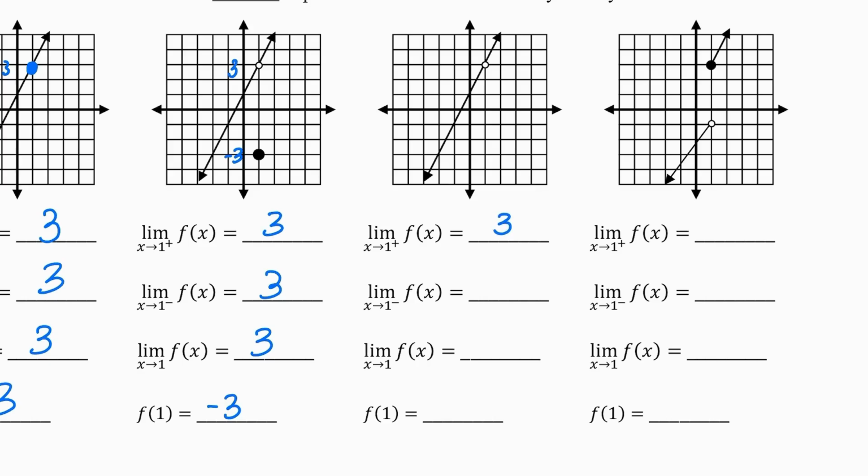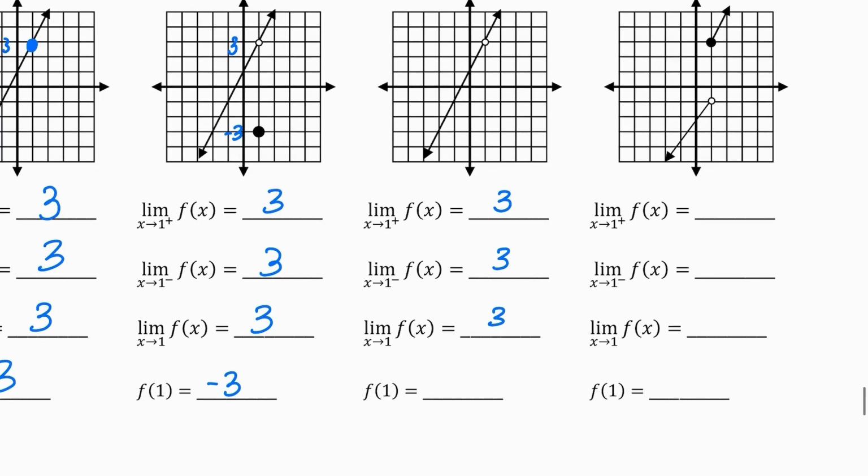If you're approaching 1 from the right, you're still getting closer and closer to 3. Even though you're not going to actually be 3, it's getting so close to 3, that's why we have limits. So since both of those are the exact same number, the limit as x approaches 1 from either direction is 3. But since f at 1 is not defined, what we're going to say is that this is undefined.